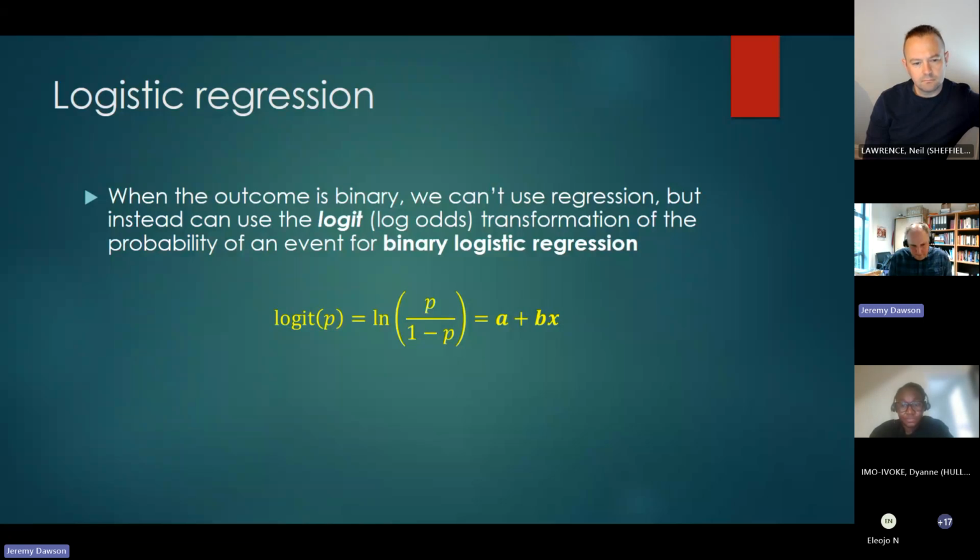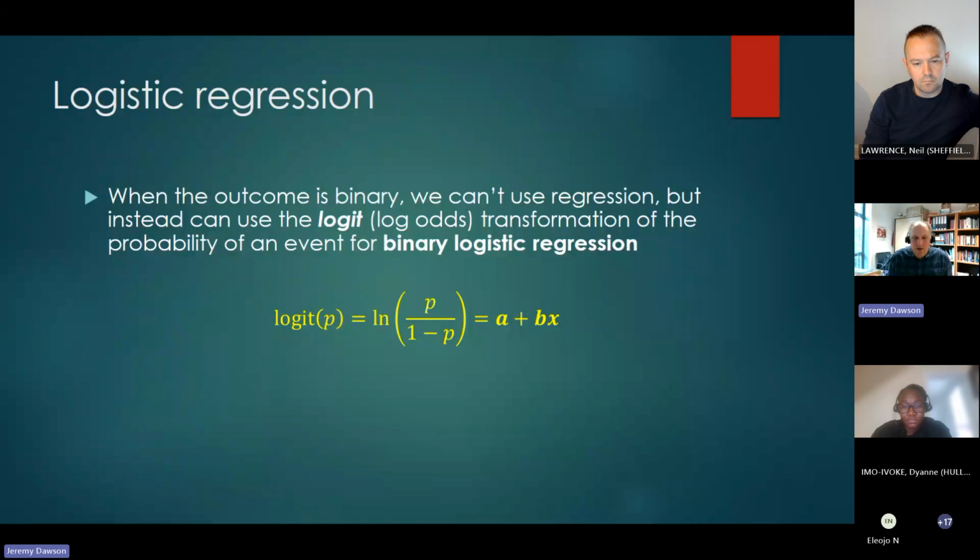And the logit of the probability is defined as the log odds, that's the natural logarithm, that's what the ln means, of p divided by 1 minus p. The odds of an event being the probability that it happens divided by the probability it doesn't happen.